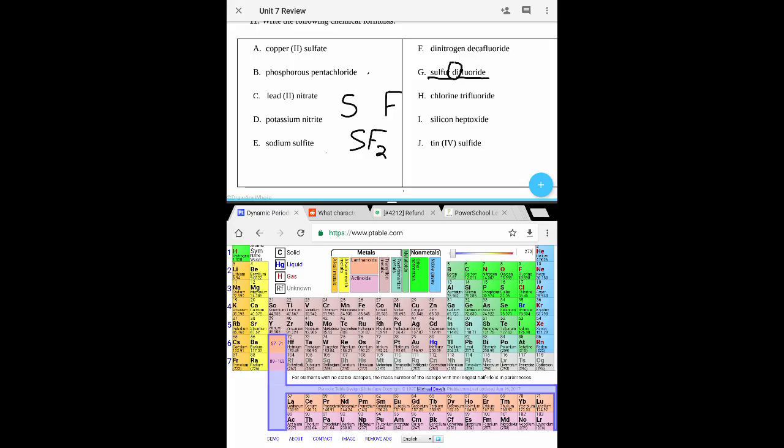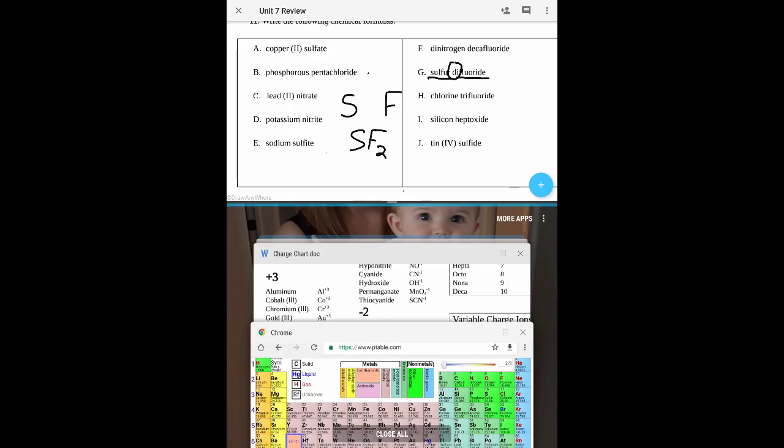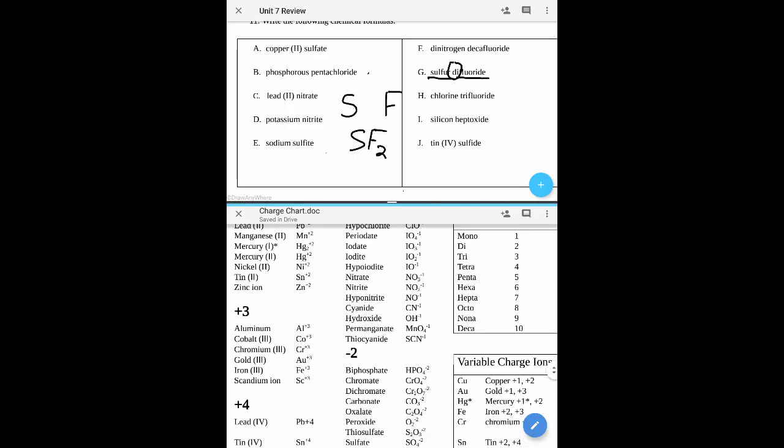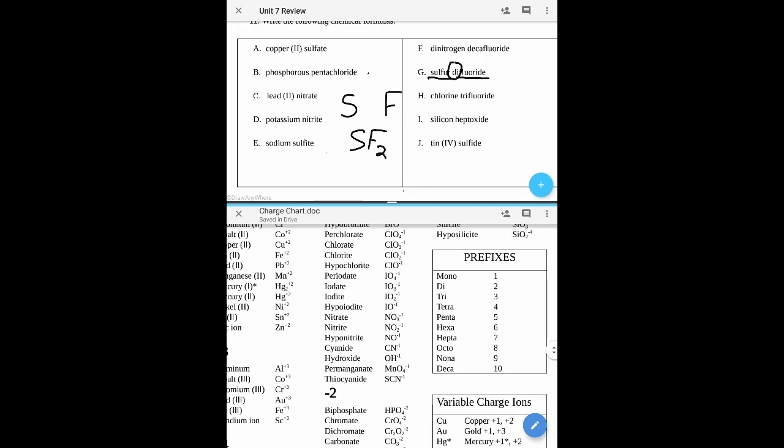All right, now let's do silicon heptoxide. Also, just so everybody knows, the prefixes are listed in your charge chart right there. So, silicon heptoxide. Again, identify our two parts. Silicon is Si, oxide is O, and again, we have a prefix, so that means it's a covalent compound, and we just look at what the prefixes are and turn that into our subscripts.